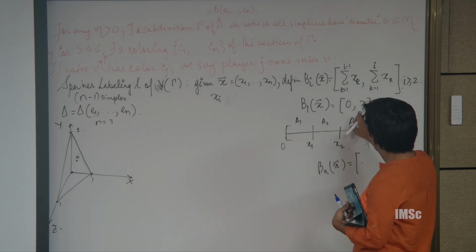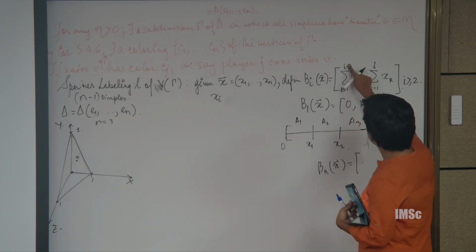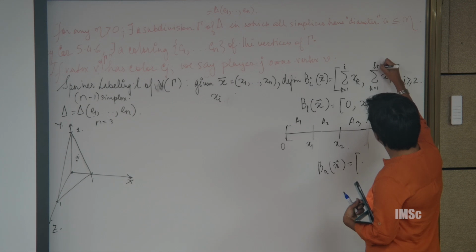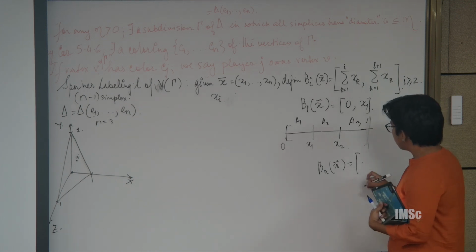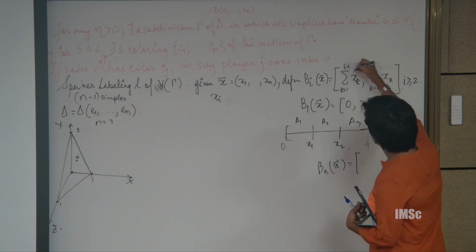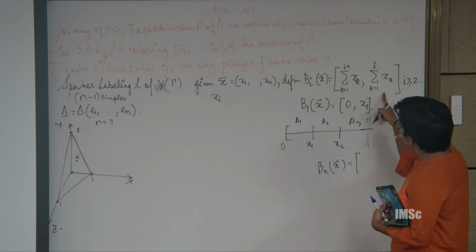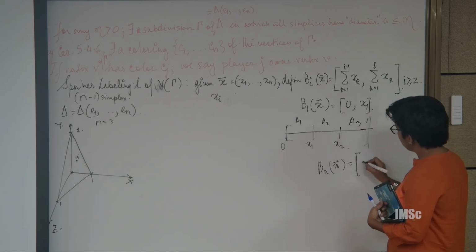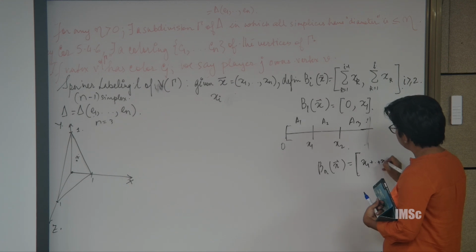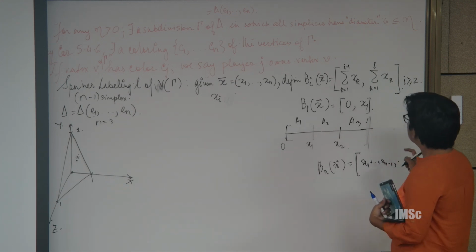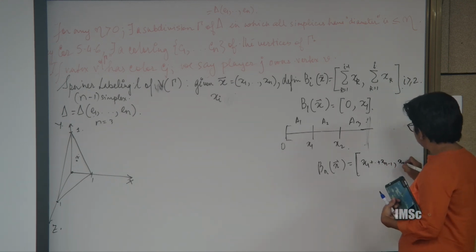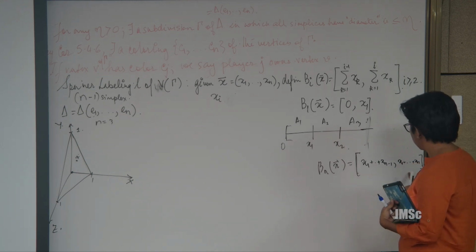I interpreted that as this, but maybe there is a typo there. Otherwise let us just go with b_n(x) according to them, starting from x_{n-1} all the way to x_n.